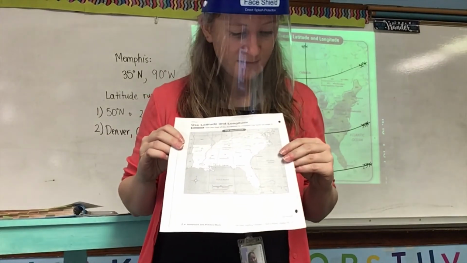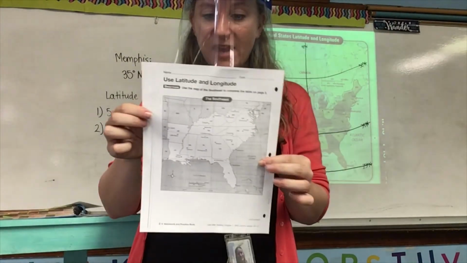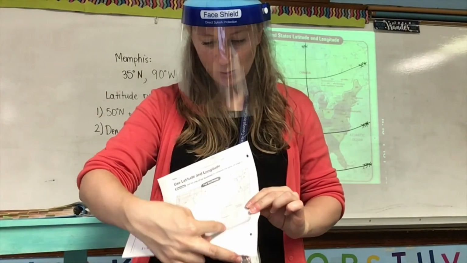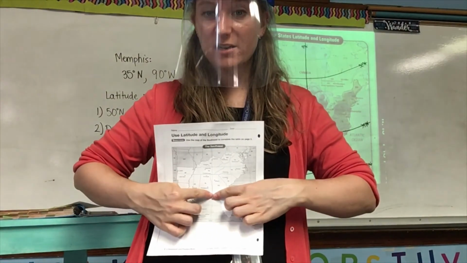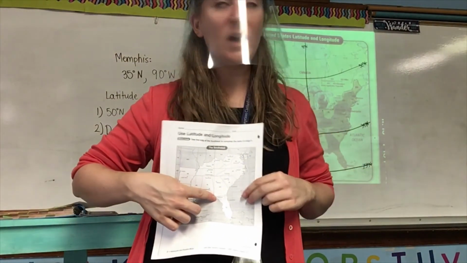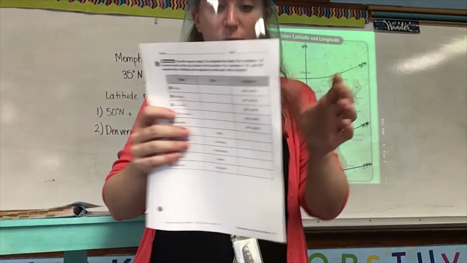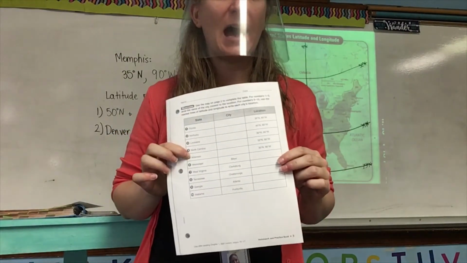You'll find the line of latitude that is 30 degrees north. Then you'll find the line of longitude that is 85 degrees west. And you are going to move your fingers until they meet. What city in Florida is right near there? You'll write that on the line. That's what you'll do for numbers 1 through 5.